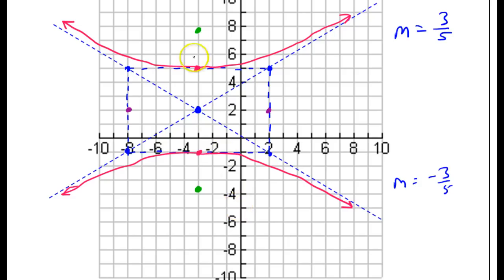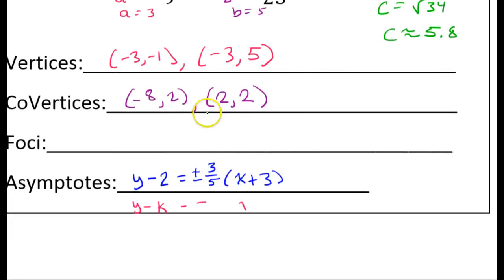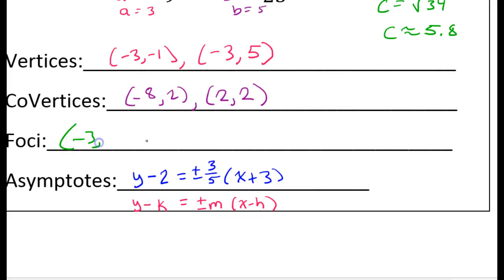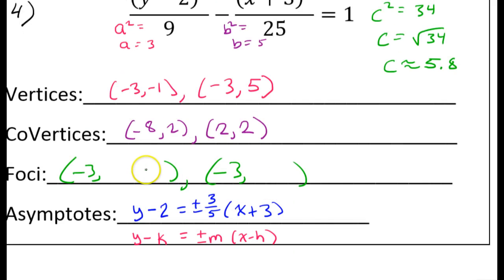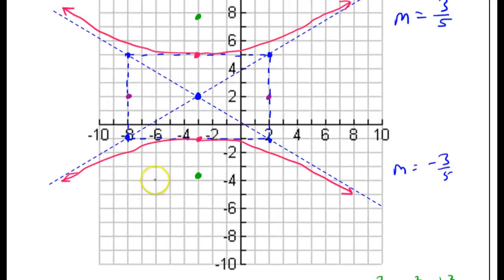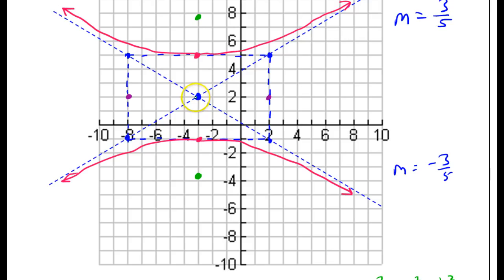Now to label these, let's start with the x-coordinate because that's obvious. All of these x values are negative 3. So I know I'm going to have negative 3 comma something and negative 3 comma something. All I need is the y value. That's going to be tricky, but think of it as starting at the center. The y value of the center is 2.